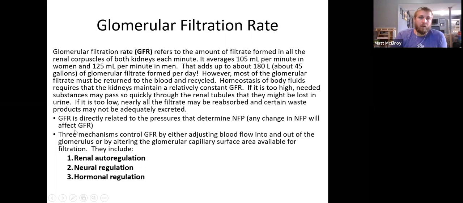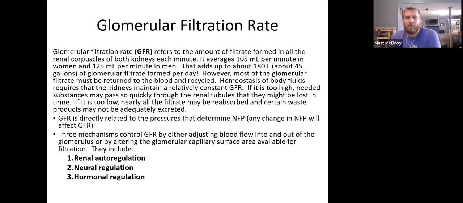There are 3 mechanisms that control our filtration rate, either by adjusting the blood flow into and out of the glomerulus or by altering the capillary surface area available for filtration. The first is called renal autoregulation. Thinking back to our blood vessels lecture, autoregulation was the way we regulate blood pressure within our capillary beds.